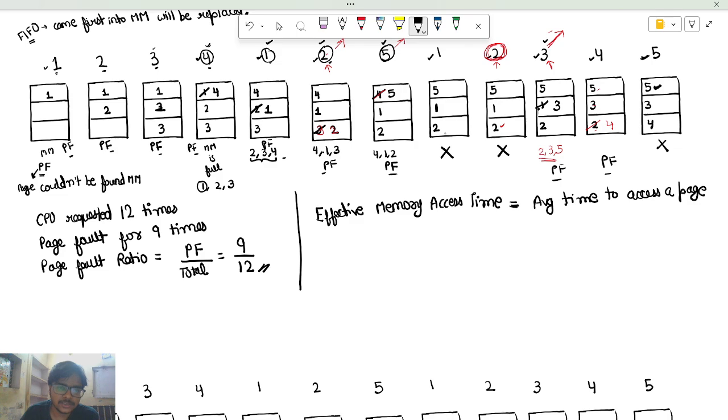So now let's assume that whenever a page fault happens, what do you need to do? When a page fault happens, the OS will communicate between main memory and disk.